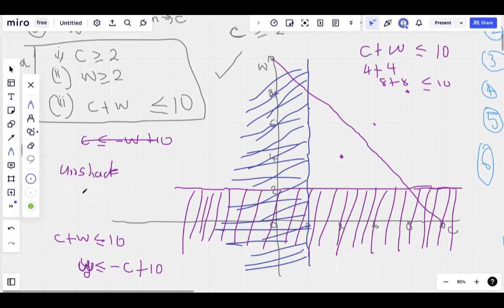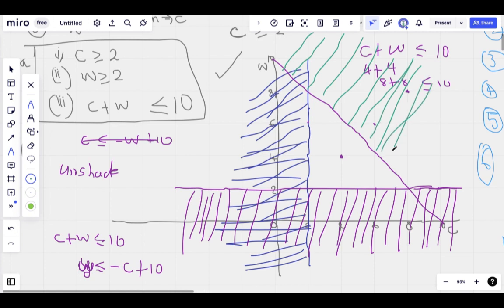So we have to shade the unwanted region. I can shade this upper part because it's the wrong region. Shade the wrong region and leave unshaded the correct region. This side is the correct region, so I'm not going to shade this side of the line. I'm going to shade this side of the line. That's what we're going to shade.